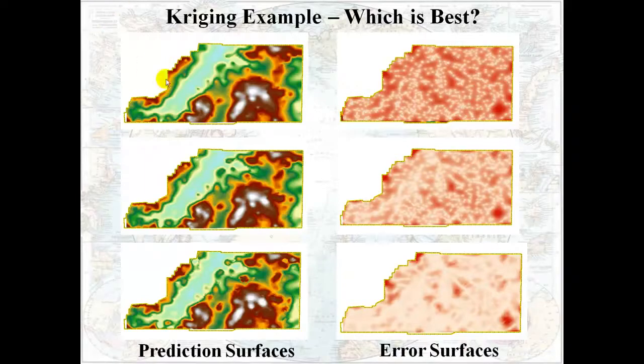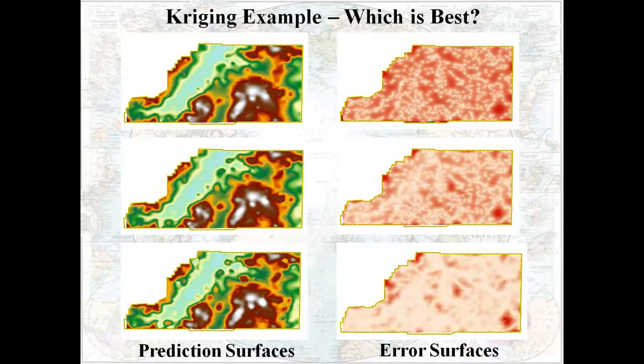And so for each one of these approaches that we took to kriging, we get a different error surface. The darker reds are higher errors, and the lighter colors are lower errors. So obviously, looking at the error surfaces, it looks like this third method gave us the best kriging. Even though you can't really tell from this, you can tell from your error estimates.